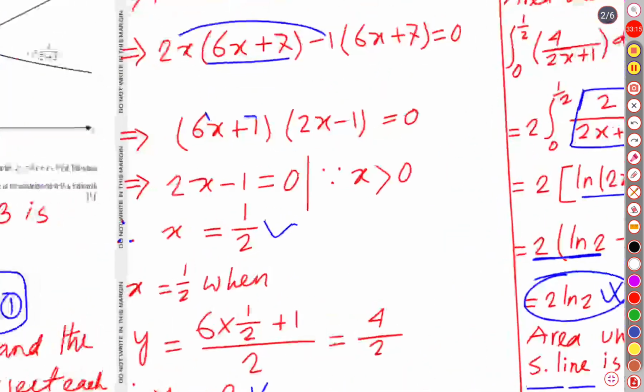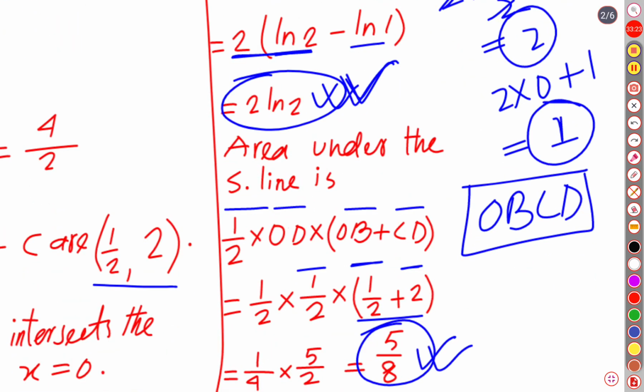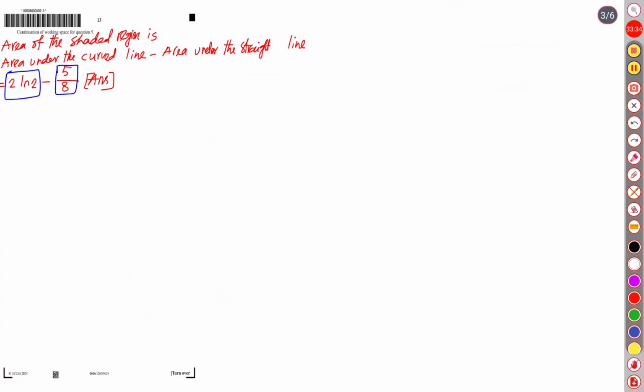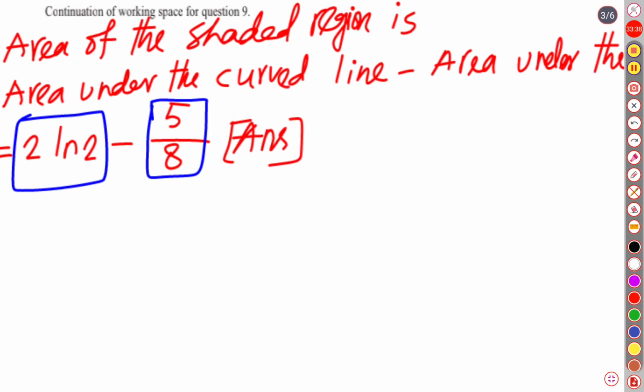The area under the curved line was this, and this was the area under the straight line. So if we subtract the area under the straight line from the area under the curve, we will get our desired area of the shaded region, as I have explained from the figure. And we cannot simplify it any longer. So this will be our answer.